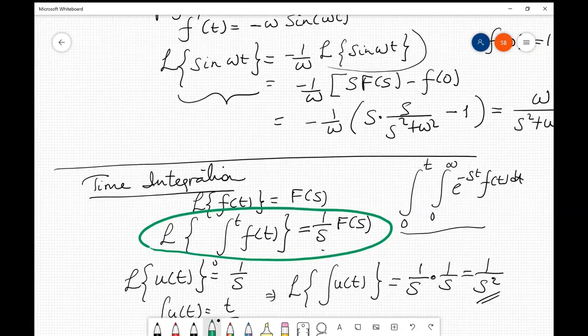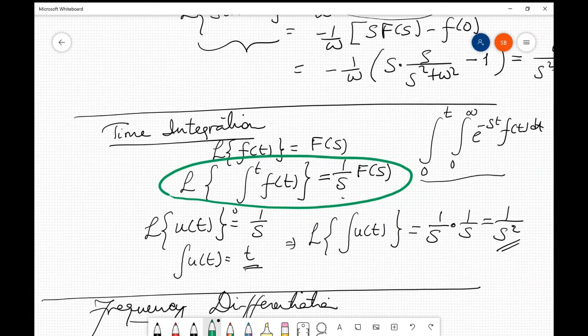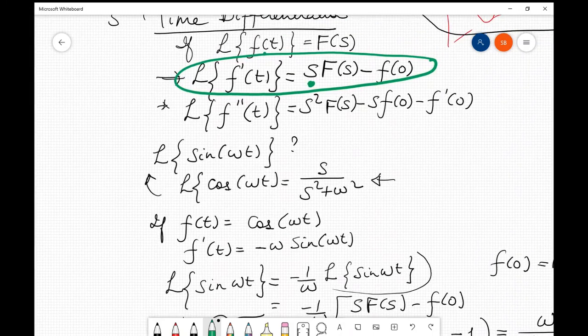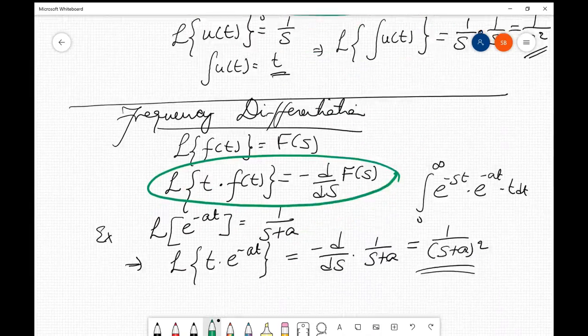And time integration: if a function has a Laplace transform F of s, the integration of that function gives you 1 over s times F of s. These two are important. We are going to see the current-voltage relationship in capacitors by integration, which means that would be the capacitance equivalent in the s domain, and we are going to see s times F of s for the inductor.